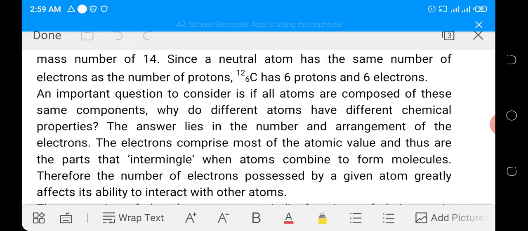The answer lies in the number and arrangement of the electrons. The electrons comprise most of the atomic volume and thus are the parts that intermingle when atoms combine to form molecules. Therefore, the number of electrons possessed by a given atom greatly affects its ability to interact with other atoms.